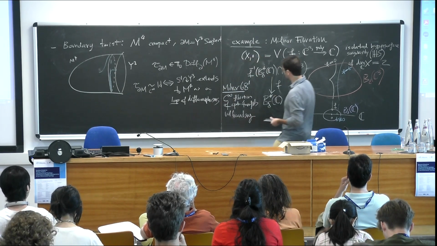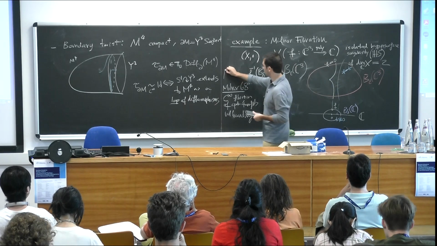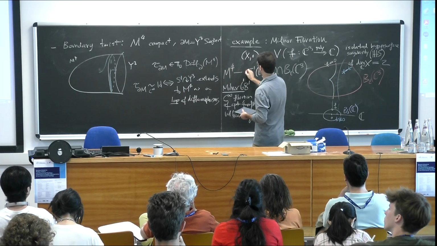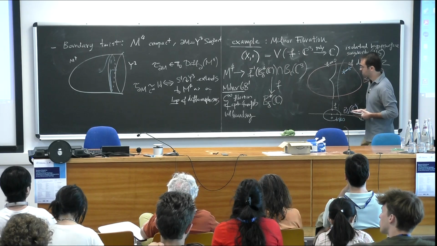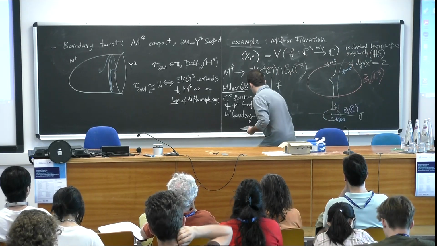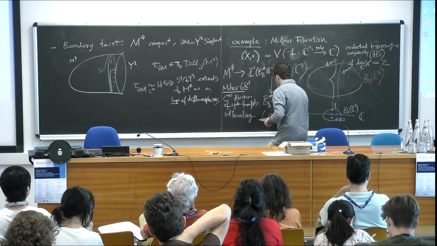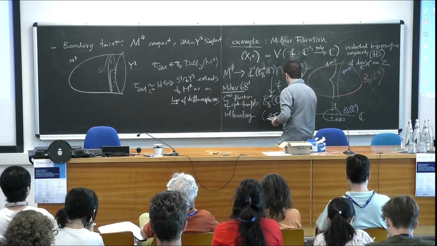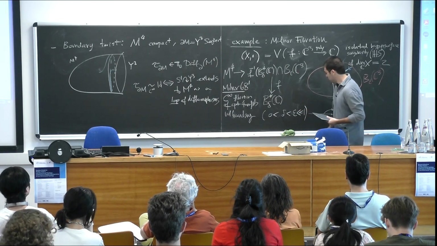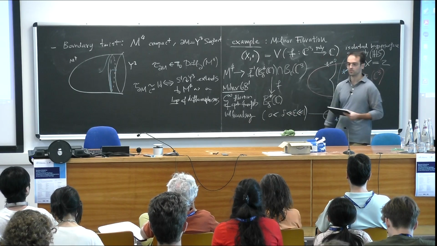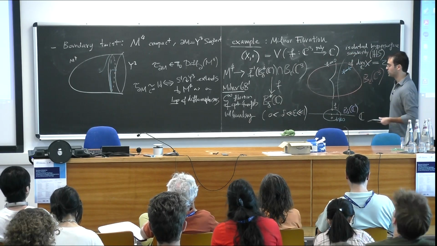I will call the fibers of this family M. And this is provided epsilon is chosen sufficiently small and delta is also chosen sufficiently small compared to epsilon.